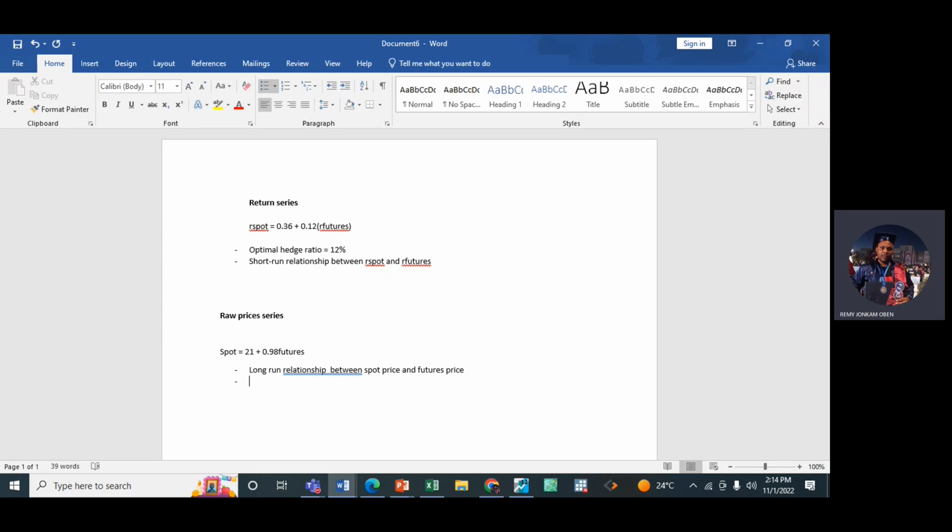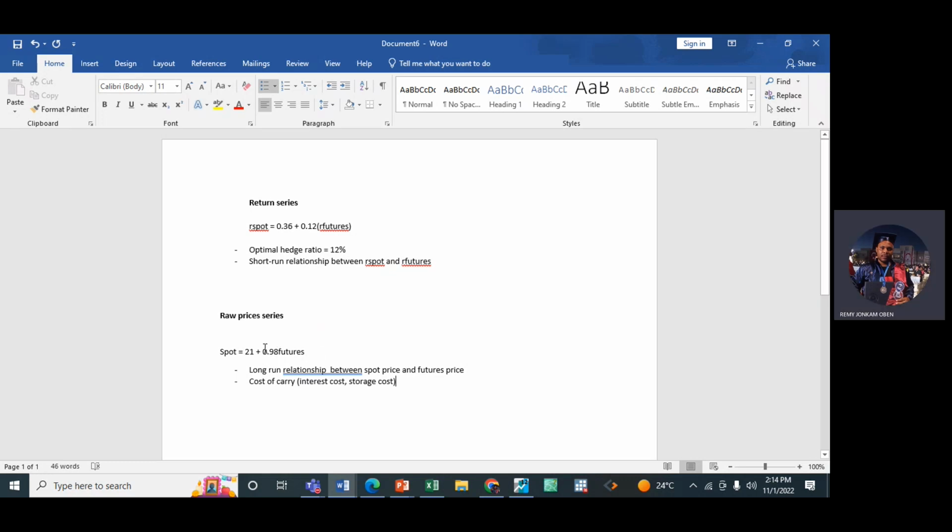But in this specific case, our constant here is called the cost of carry. You will see it in 503 towards the end of the semester after the midterm. What is the cost of carry? It is actually the cost of holding a financial instrument. It can include things like interest costs, storage costs, etc. But it is the cost of carry.